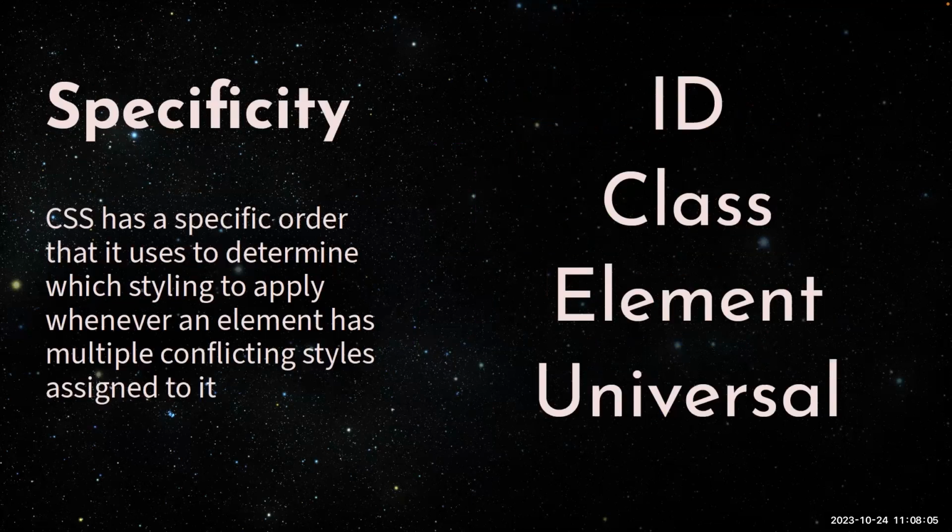Cool. In terms of specificity, which is how the browsers determine which styles to apply to which elements, there is an order. So at the very bottom is universal, and we'll go through that universal selector when we start coding.